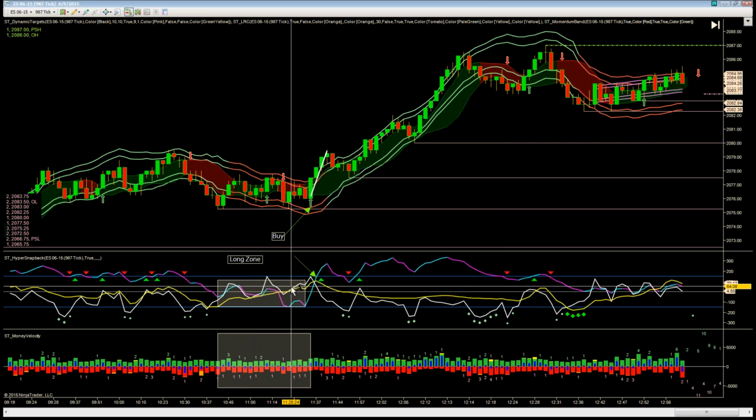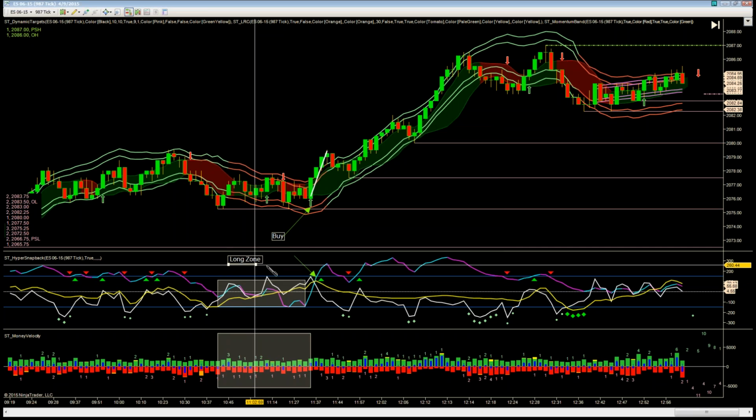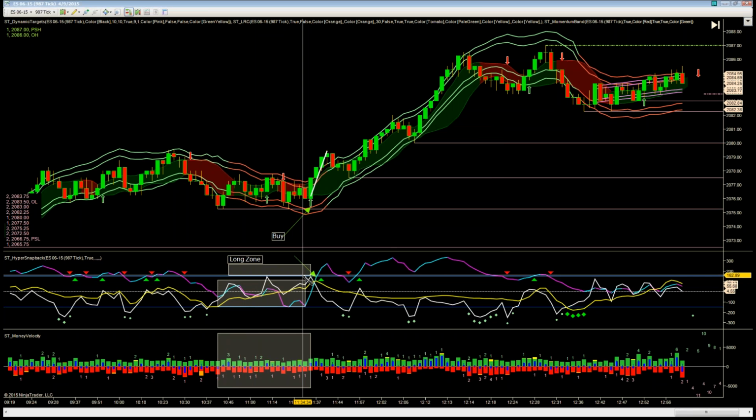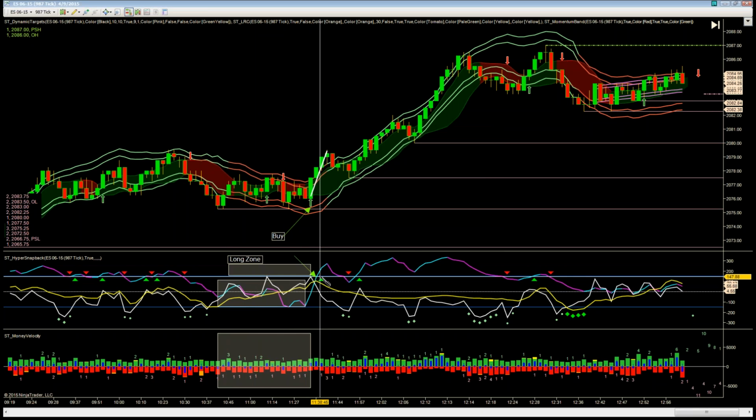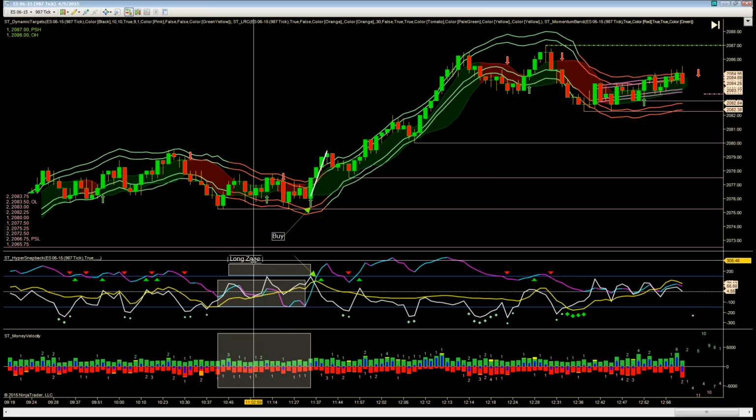And that's above the 150. And we also have an arrow that tells us when it went into the long zone. Just move this in here.